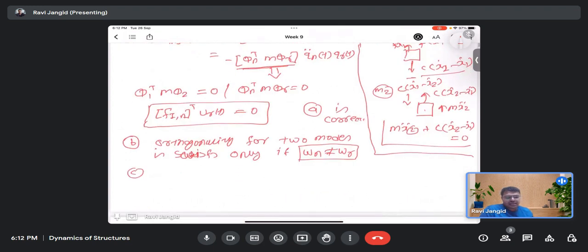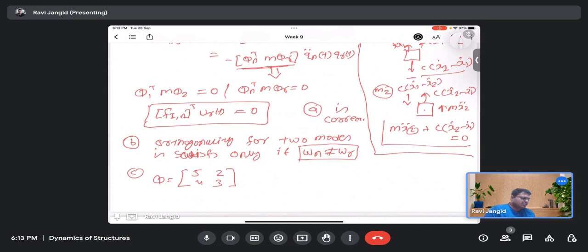Option C says the orthogonality condition for the two modes is satisfied only if the mode shape is normalized with respect to the largest degree of freedom. So do you know how to do the normalization of the mode? Let us suppose I have the modes like phi is equal to 4, 5 and 2, 3.